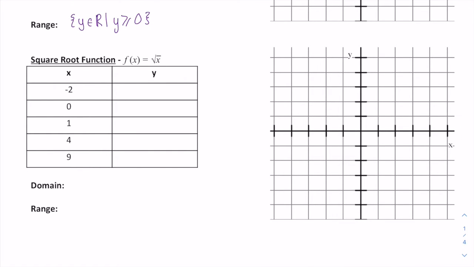For this one, I'm going to be filling in my equation. The first one is f(-2), which is the square root of -2. If you try to put that in your calculator, it's not going to work because we cannot square root a negative.